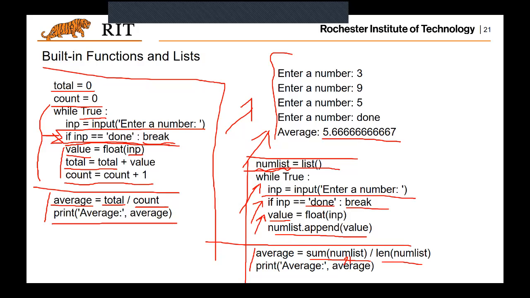So what's the benefit? First, only one variable is necessary. That is a list, right? Instead of two here. And second, you actually keep all the numbers in this num list.